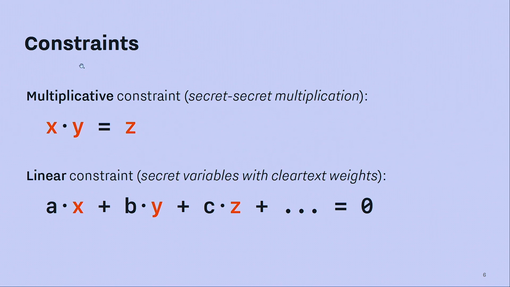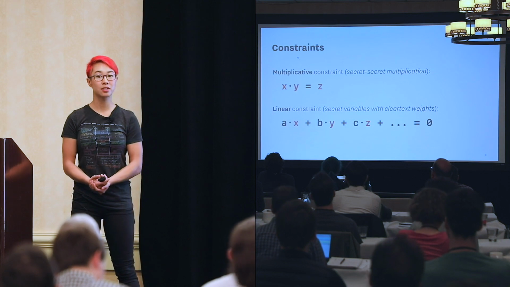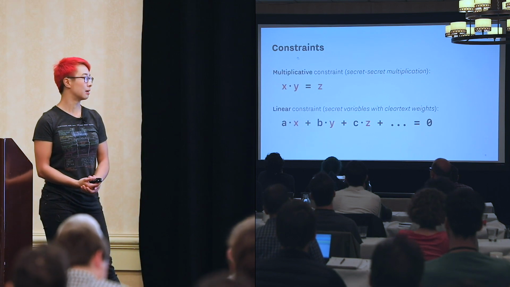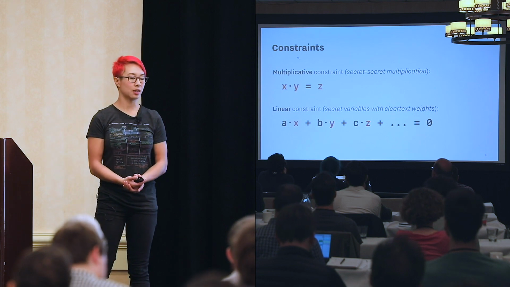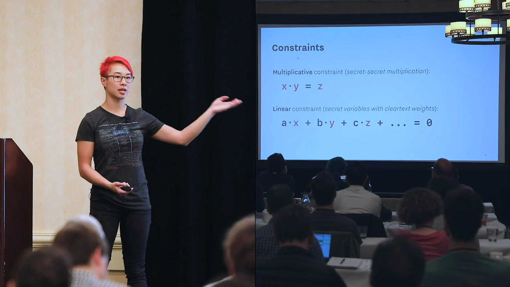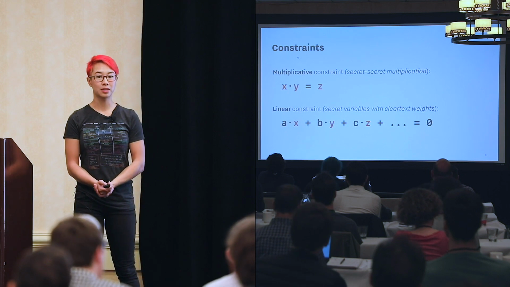We have a multiplicative constraint, which is a combination of 2 secrets multiplied together equals a 3rd secret. Another kind is a linear constraint, which is a linear combination of secret variables with clear text weights. The assumption when you add a linear constraint is that the whole thing equals 0. So that's what we're working with.